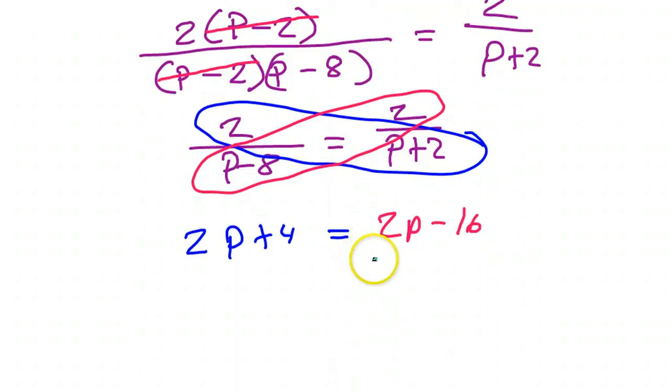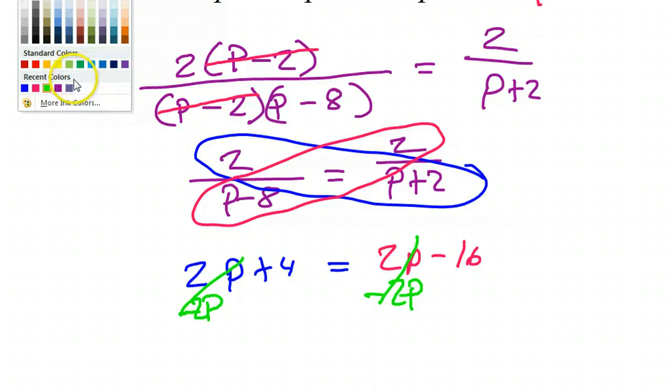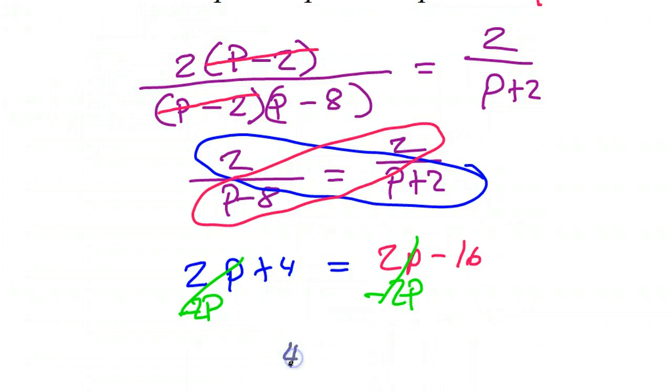So I have this. Something very interesting is about to happen. Because I am going to subtract 2p from both sides, but notice that that will make both p's cancel out. So all that's left is 4 is equal to negative 16.